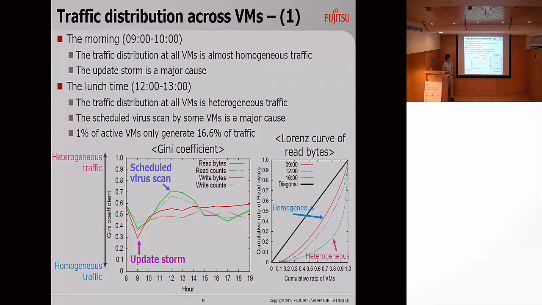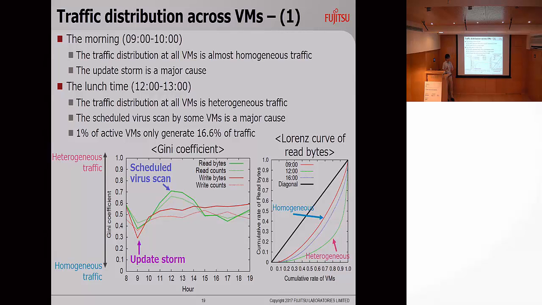Next, I'd like to introduce traffic distribution across VMs. Please look at this graph. In this graph, the x-axis is hour and the y-axis is Gini coefficient. Gini coefficient shows how balanced the data set is.